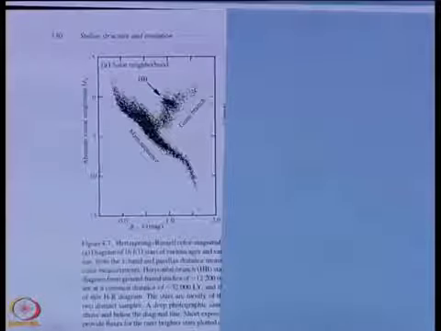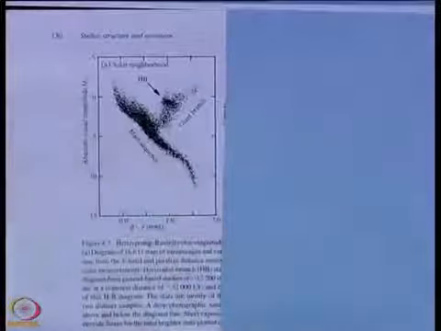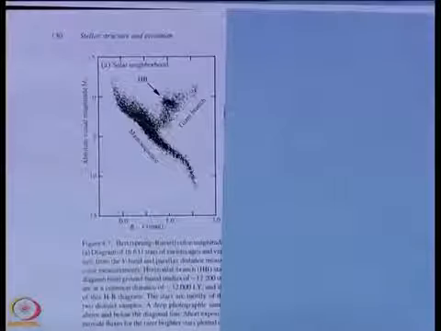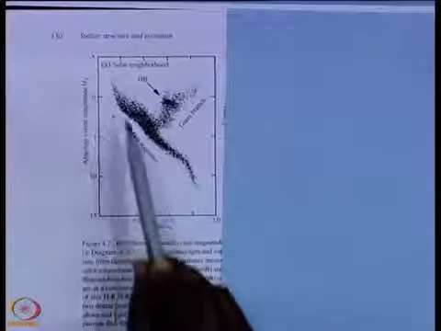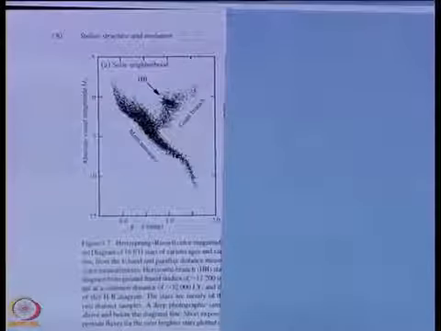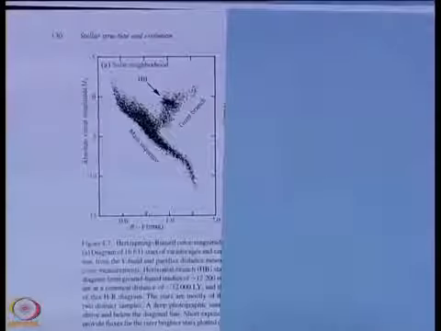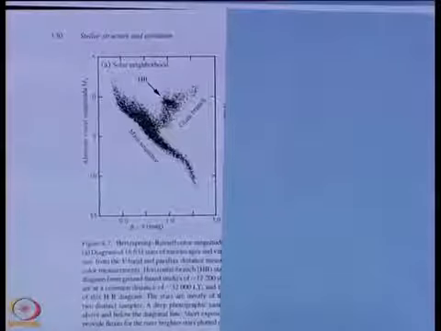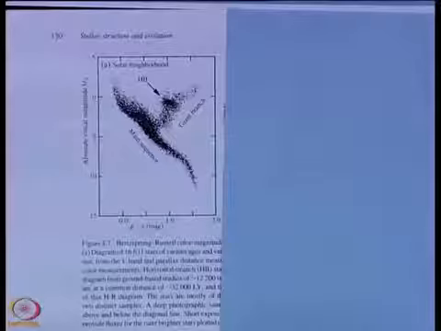So, this is the HR diagram which has actually been measured. This shows you all the stars whose parallax distances have been measured using Hipparchus. It has got 17,000 stars, okay, not all of the stars, 17,000 stars within 300 light years.